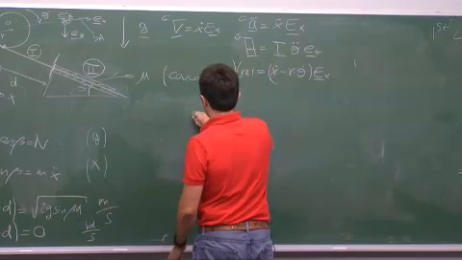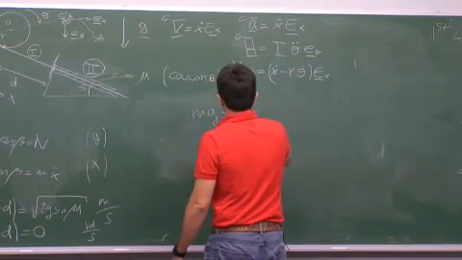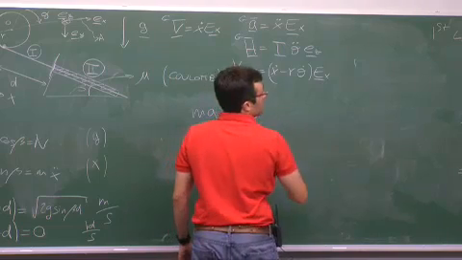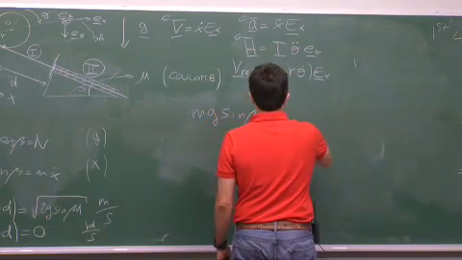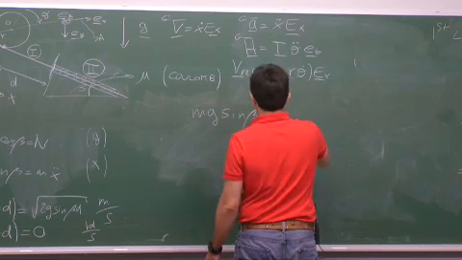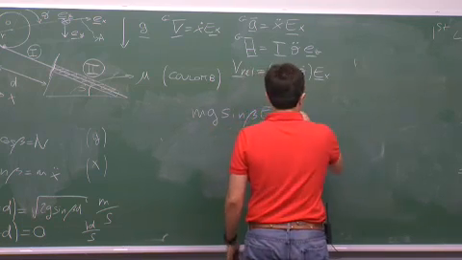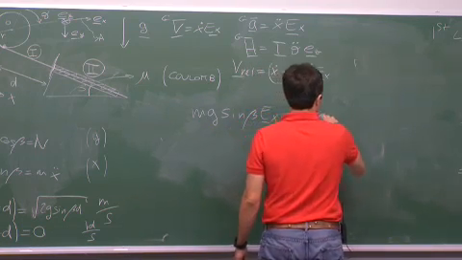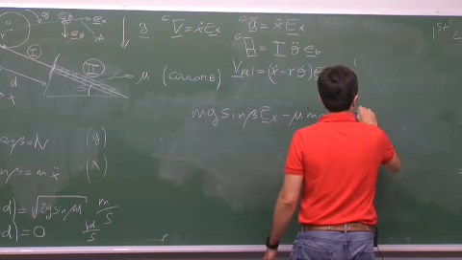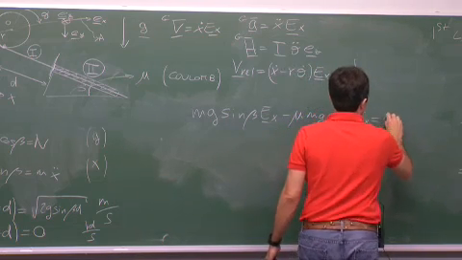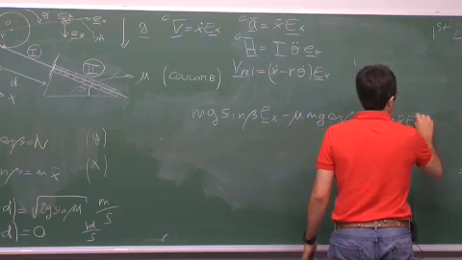The second one, on the x, I have mg sine of beta minus the force of friction on EX equals m x double dot EX.